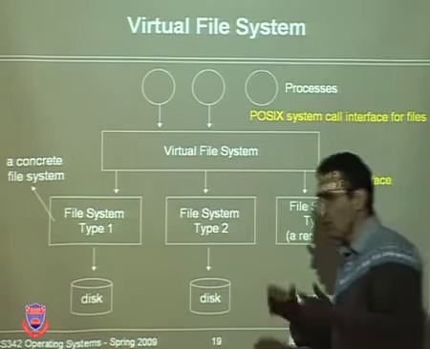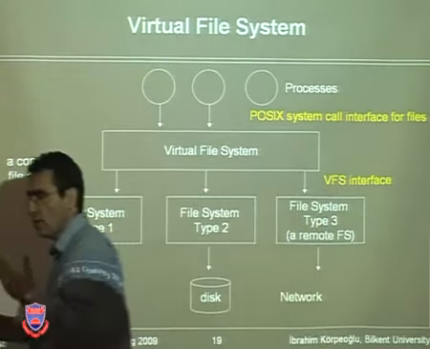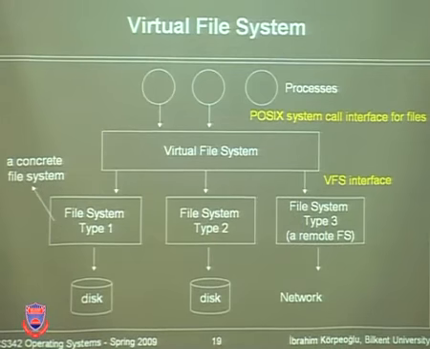What is good is to have a single interface, a set of operations that you can use to operate on files that may be sitting on different file systems, okay? So this is what the virtual file system is providing, okay? So we have the VFS layer inside the operating system that provides some interface functions to the processes. The process can call those functions. These are basically the system calls and their implementation.